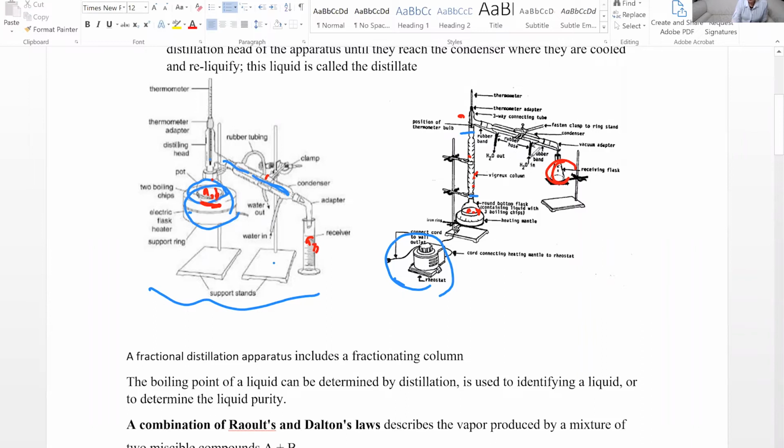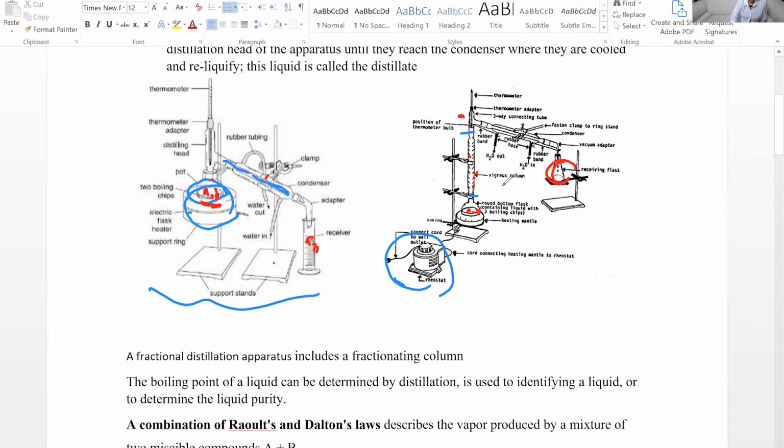So we have a gentle flow of water in the water condenser to cool off the vapor. So when the first compound has been distilled, the liquid gets rich in the second compound. And this theory is explained in the lab manual.